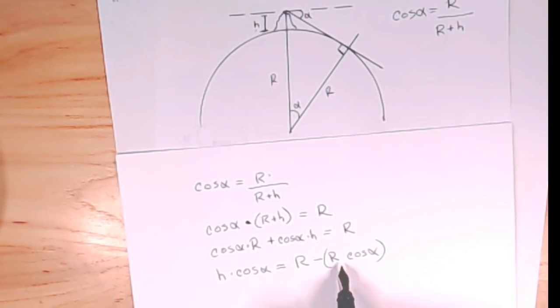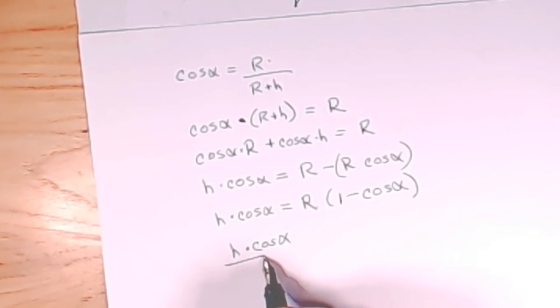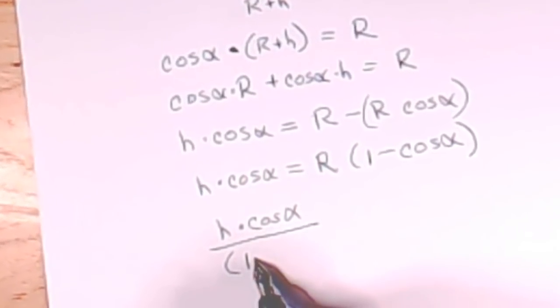Removing r from this, we find that h times cosine alpha equals r times 1 minus cosine alpha. Bringing this around, we find that h times cosine alpha divided by 1 minus cosine alpha equals r.